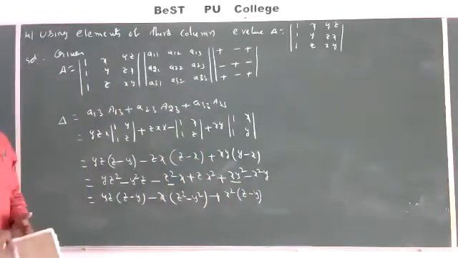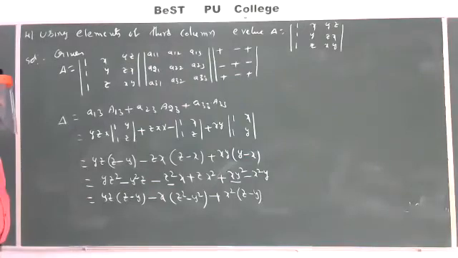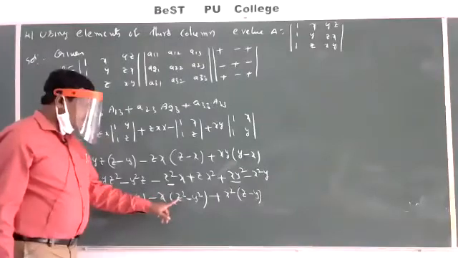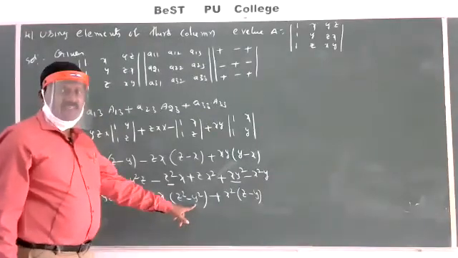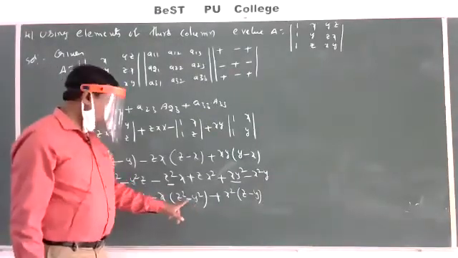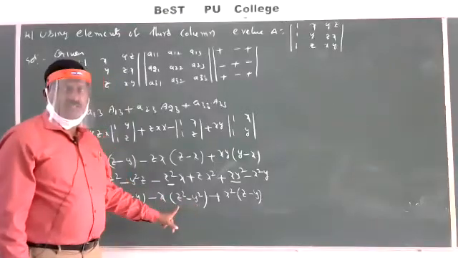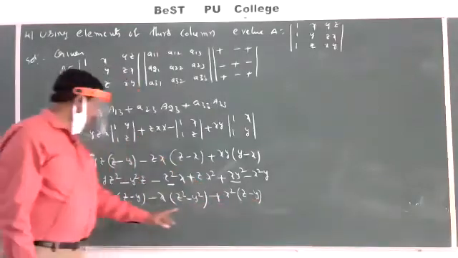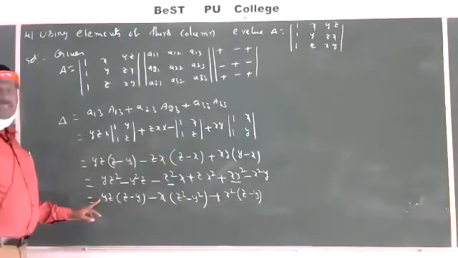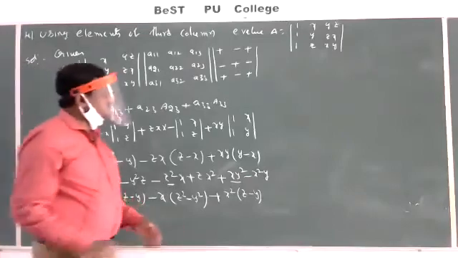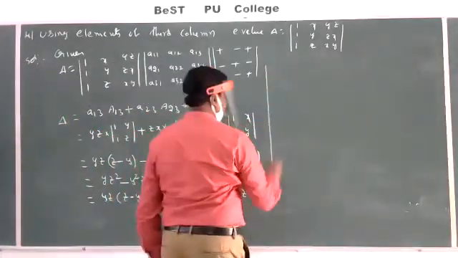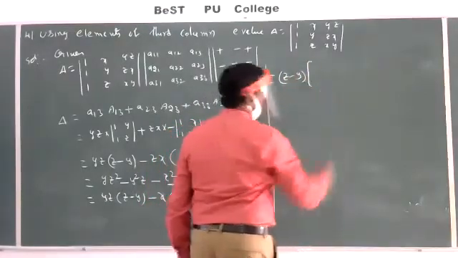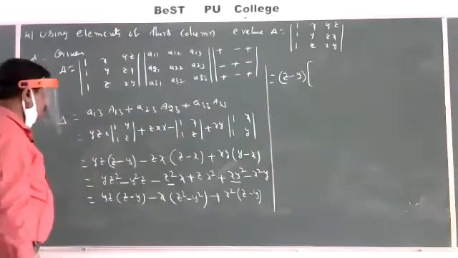Now see the total in three terms: here z minus y, here z minus y, and here z squared minus y squared, which we can write as (z plus y) into (z minus y). From the total three terms we can take z minus y common.